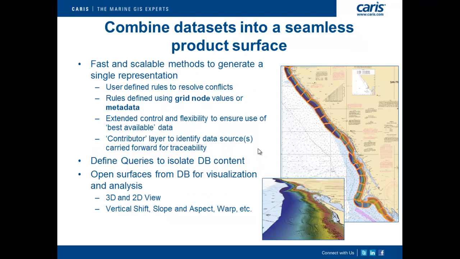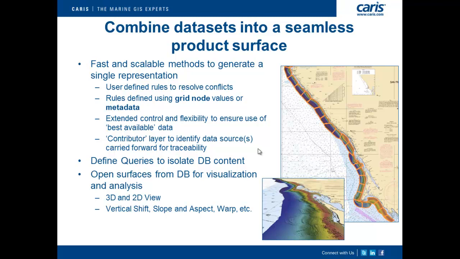I mentioned a minute ago that one of the things that we do a lot in Bathy Database is combine different data sets together. And that's something that has proved to be a very popular tool with our users. It's extremely flexible. Users can combine data sets with very simple rules or with very complex rules.